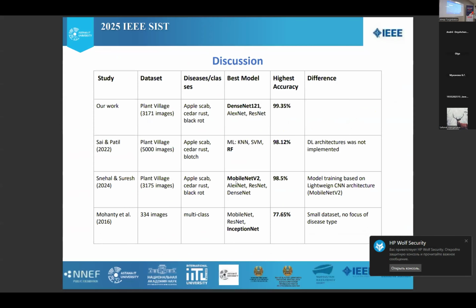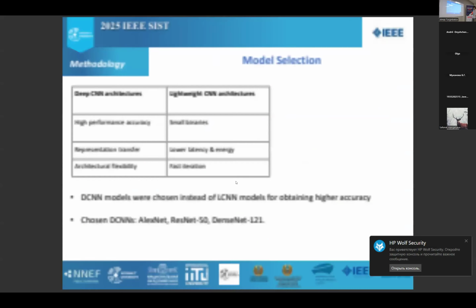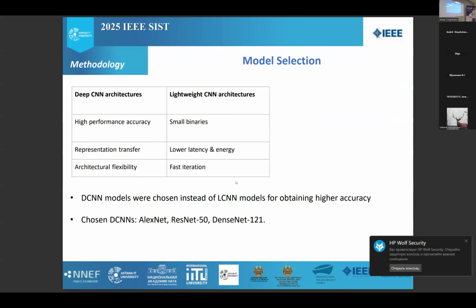Usually other works also discuss time consumption, while in my case, I struggled with computational power as I used my own laptop. Limitations also include datasets.